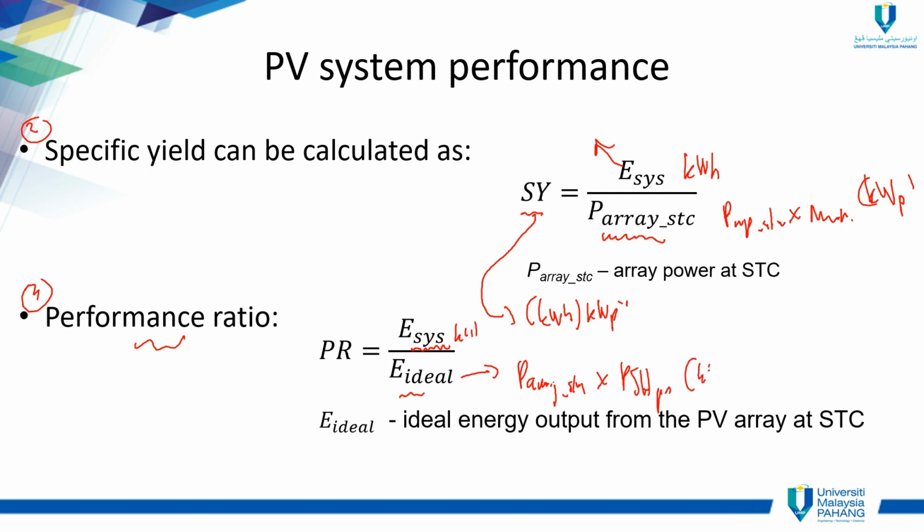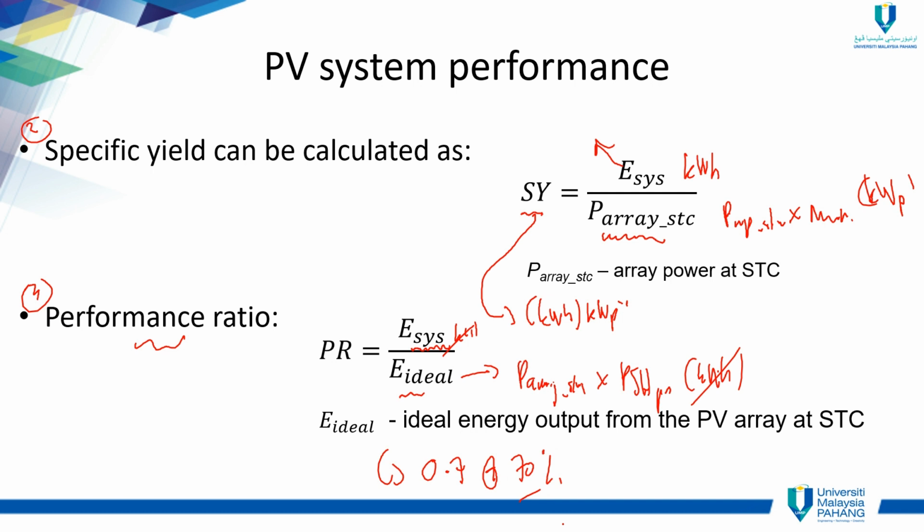This one is also in kilowatt hour. So they cancel, and it remains as a percentage, for example, 0.7 or 70%. There's no unit, only percentage.